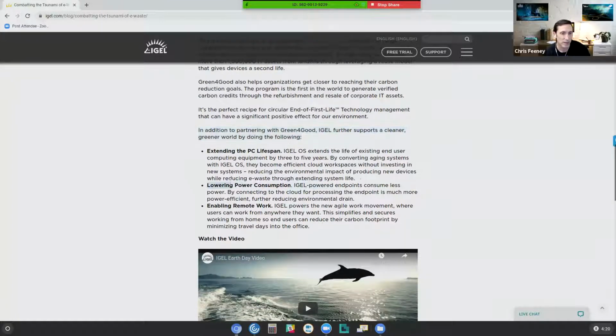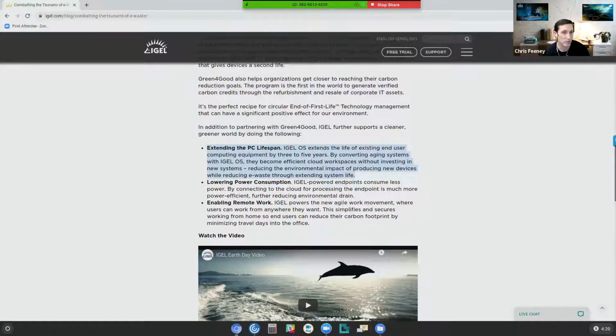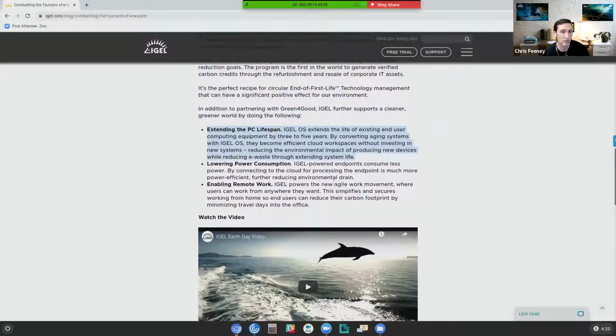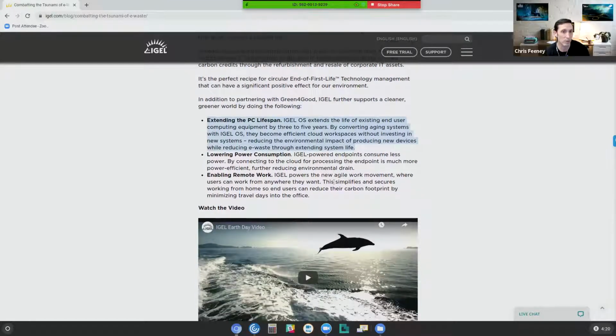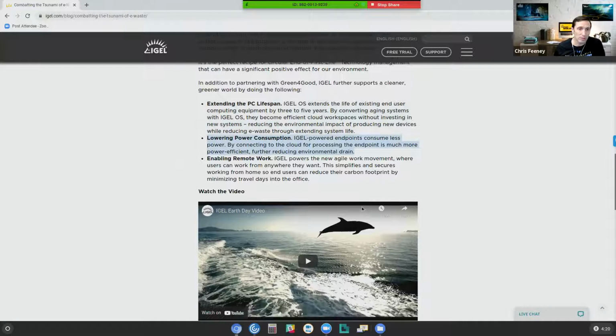So how can we take that? I think part of it is education, right? Helping them understand that you may have machines that do not need to be thrown away or recycled. And so extend the life cycle of those things. As we mentioned earlier, there's lower power consumption and connecting to a cloud-based environment, but also being able to take those devices and, instead of buying a new laptop, hand it out.